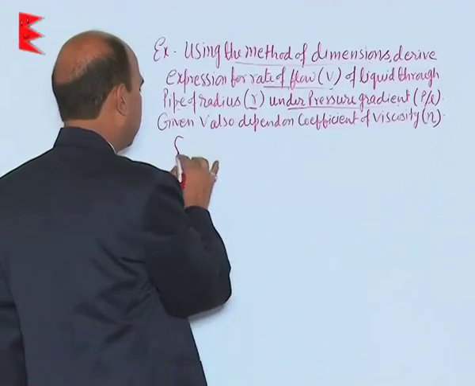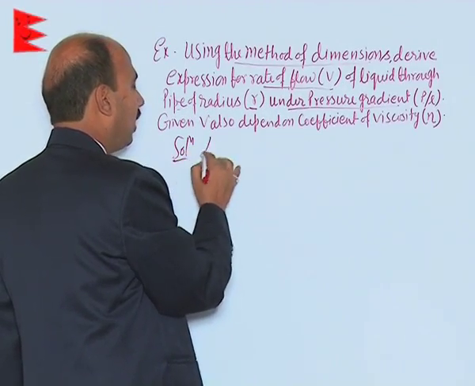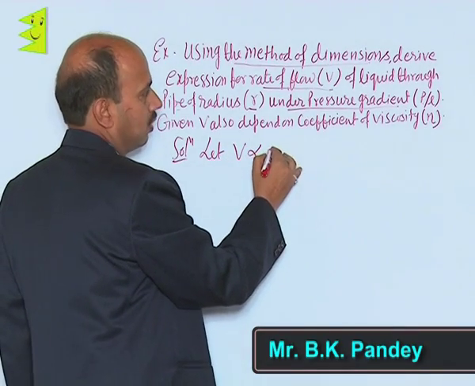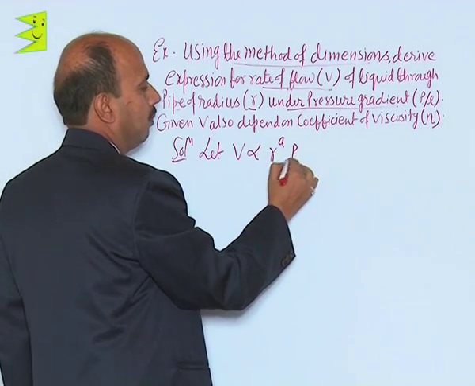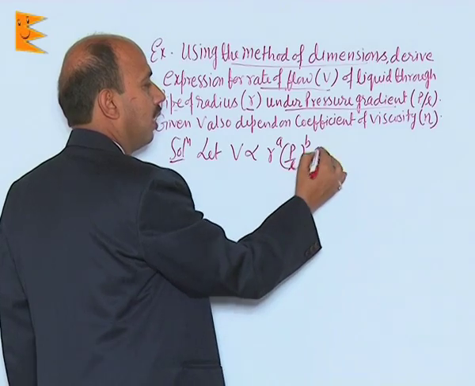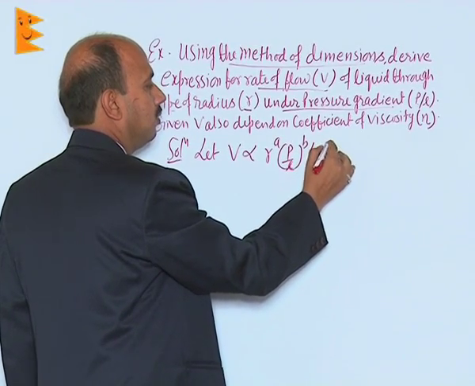Now, see here, we can write V is proportional to r raised to power a, P upon L, that is the pressure gradient, raised to power b, and eta raised to power c.